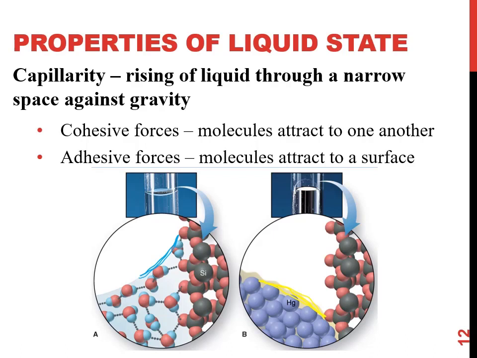And what we'll see with capillarity is an alternating of these forces as a liquid walks up whatever its narrow space is. So the capillary tube, if we were in the lab, and liquid rising in a capillary tube. We see alternating adhesive and cohesive forces until our liquid gets to a height where one of these forces completely outweighs the other, whether that be the adhesive force that we see with water in glassware or the cohesive forces like we see with mercury in our glassware.